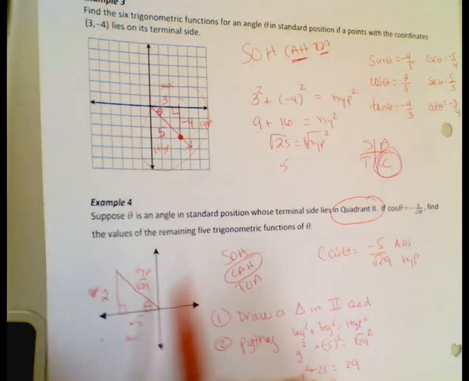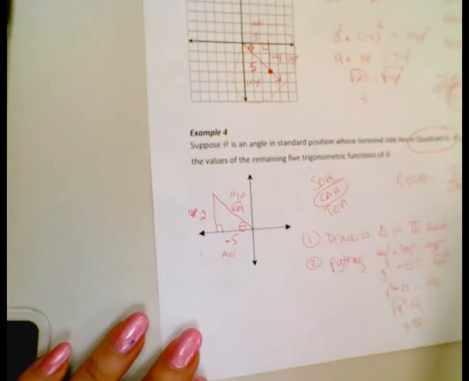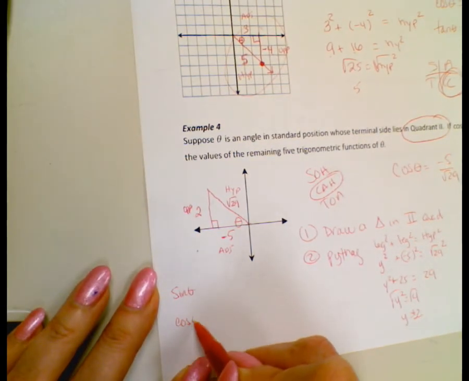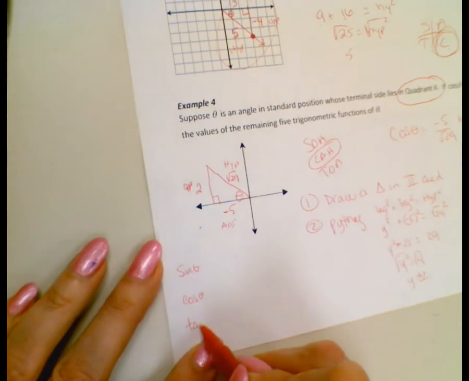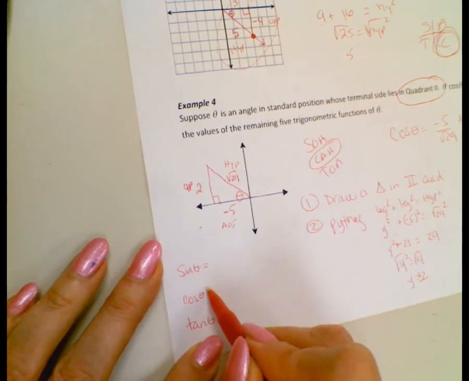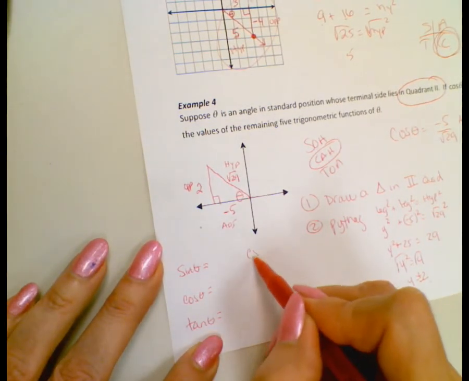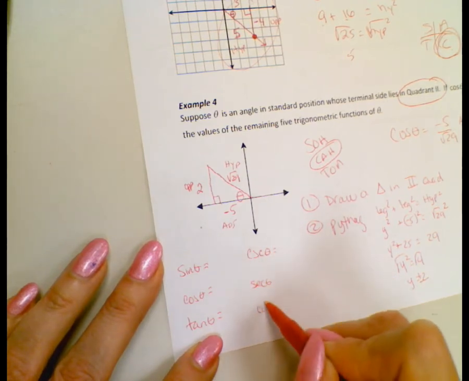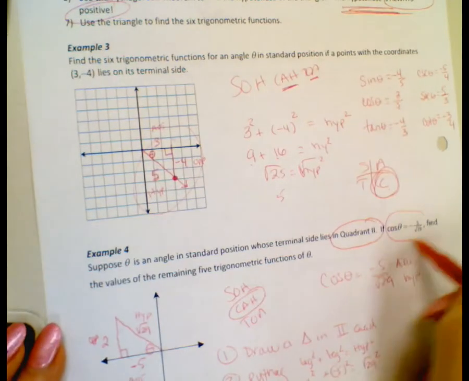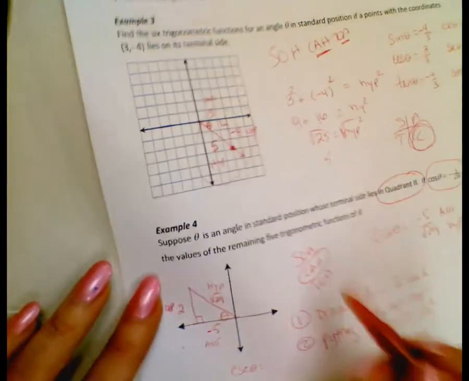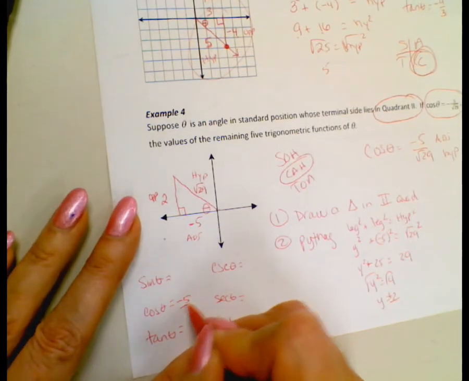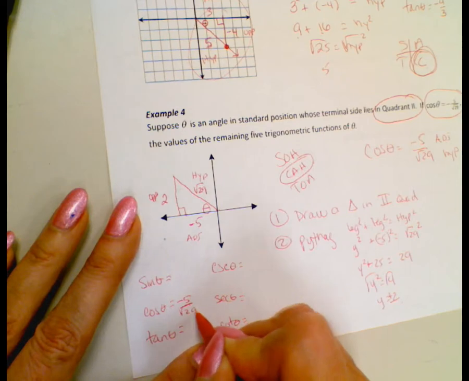Now that you know all 3 sides of the triangle by doing the Pythagorean theorem, we're going to find sine theta, cosine theta, tan theta, and the reciprocals, cosecant theta, secant theta, and cotangent theta. But before we do this, they gave us one of them. Remember, they said cosine was negative 5 over radical 29. Looks like they're not rationalizing, so I guess we're not going to. We might as well fill it in.